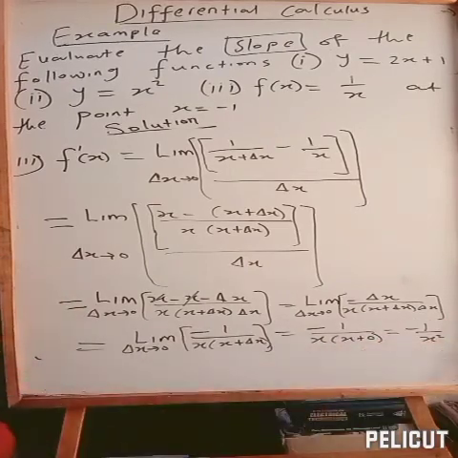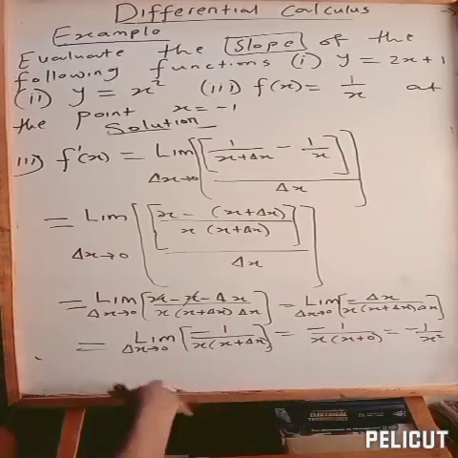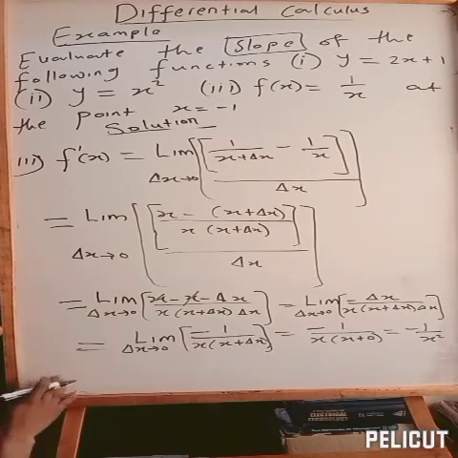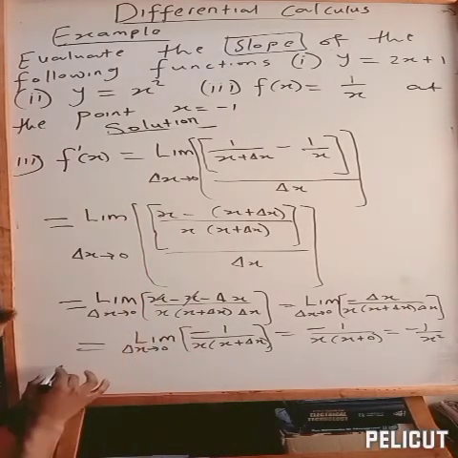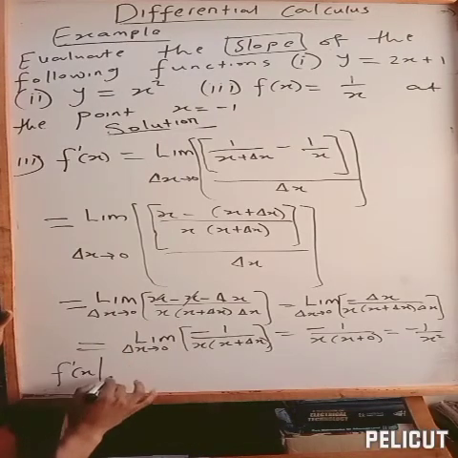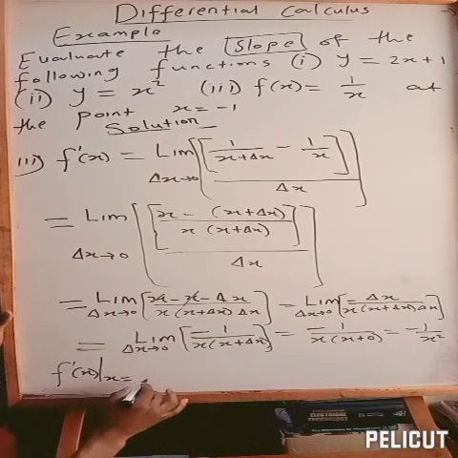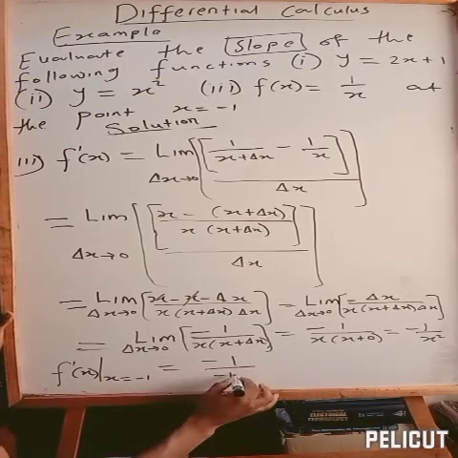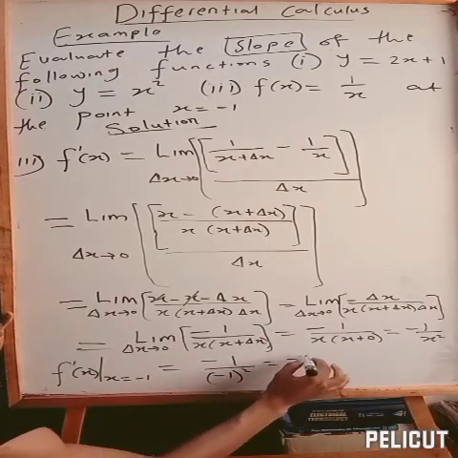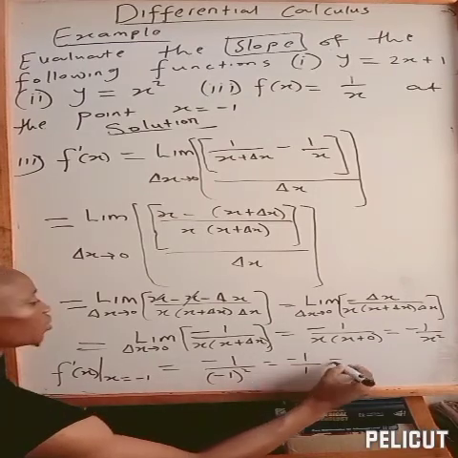This is also not a constant. It changes with the respective values of x. So let us evaluate the slope at that point. That is f prime of x at x equals minus 1. I'm going to have minus 1 divided by (minus 1) squared. That's minus 1 divided by 1, which is minus 1.